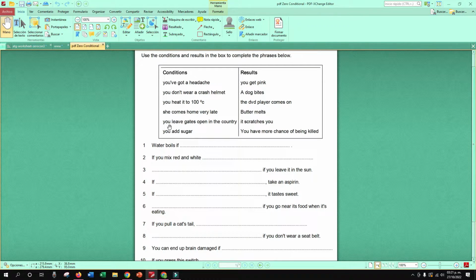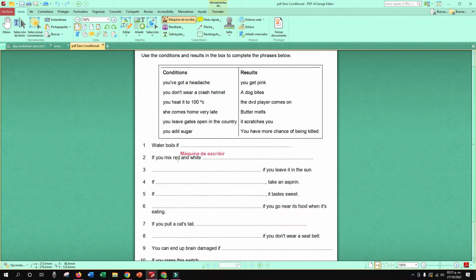You leave gates open in the country. You add sugar, right? The results. You get pink. A dog bites. The DVD player comes on. Butter melts. It crushes you, and you have more chance of being killed, right?